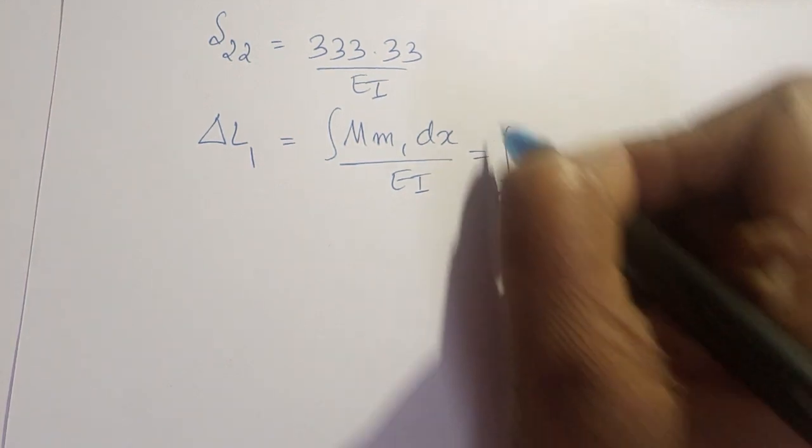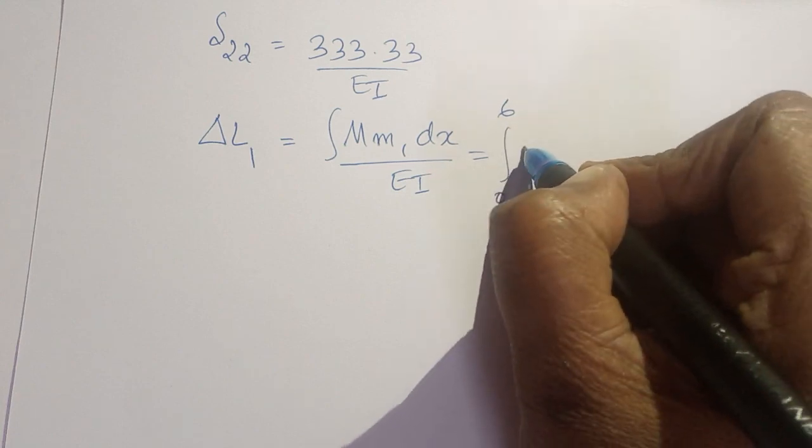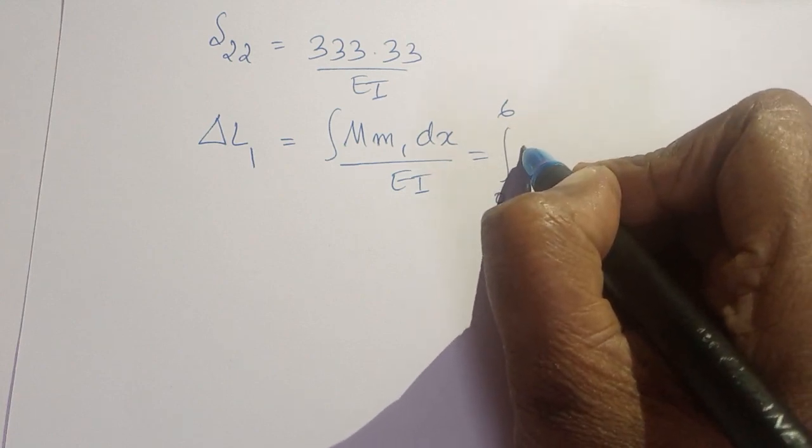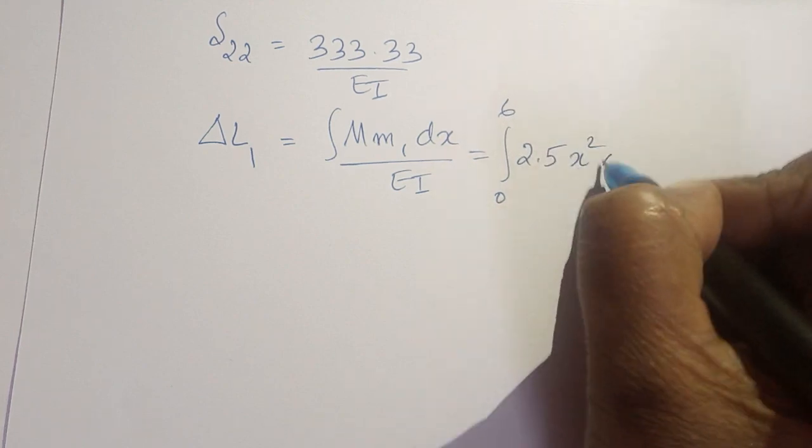Similarly, delta L1, integral M M1 dx by EI. Integral 0 to 6, it is 0. Expression is 2.5 x squared into 0.